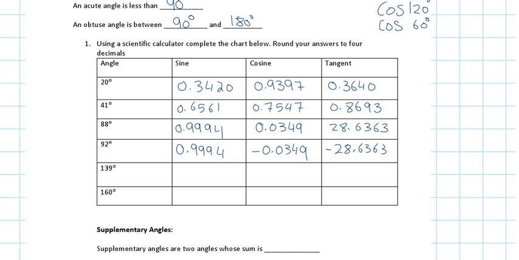So I have sine 139. Sine 139 is 0.6561. And then cosine 139 is negative 0.7547. And tan 139 is negative 0.8693.